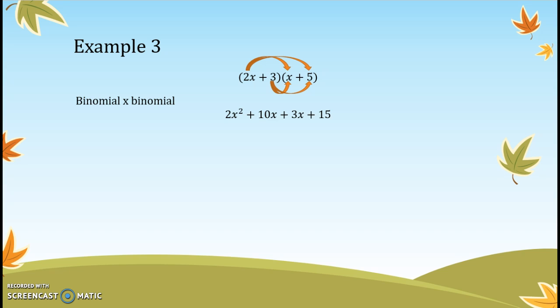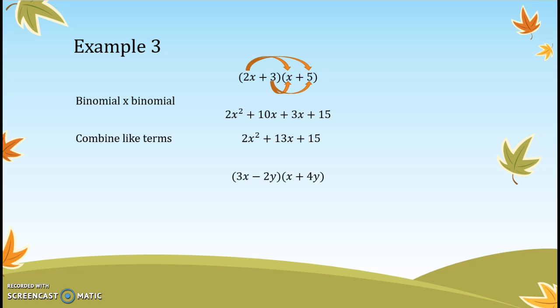So every piece on the left was multiplied and distributed to everything on the right. You may notice in the middle then that we can combine like terms. So I can add 10x and 3x so that we end up with 2x squared plus 13x plus 15.